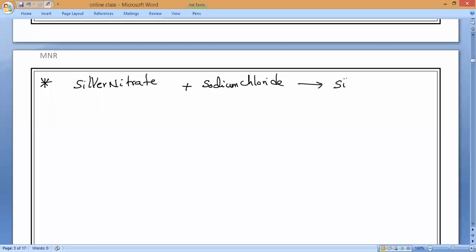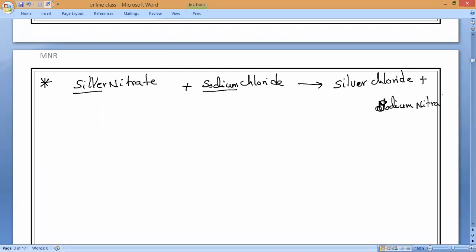Remember, these ions should not change; only the anions should change. Silver chloride plus what will come? Sodium nitrate.